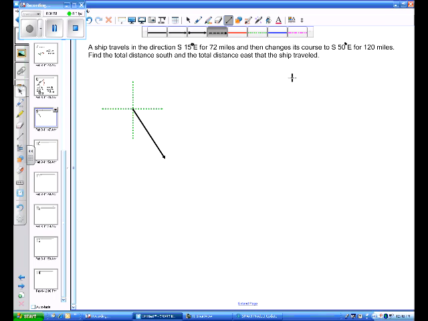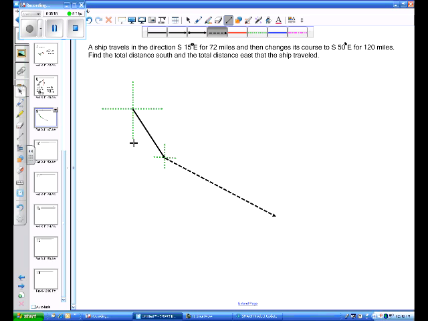Then it changes directions and it's on a course of south 50 degrees. So let's draw our north-south lines again. And now it's going to change directions and it's going to go south 50 degrees toward the east for 120 miles.